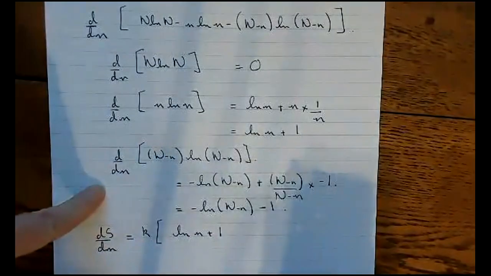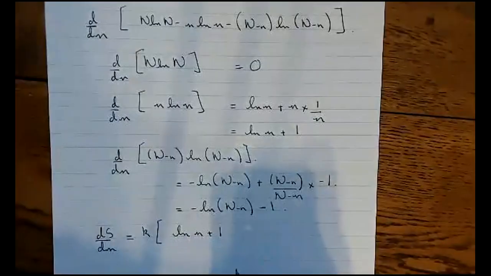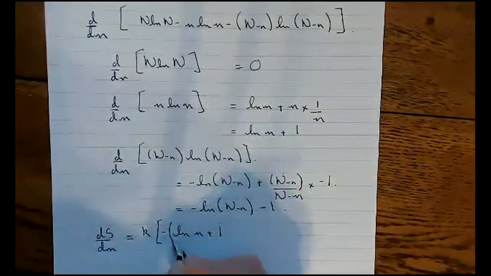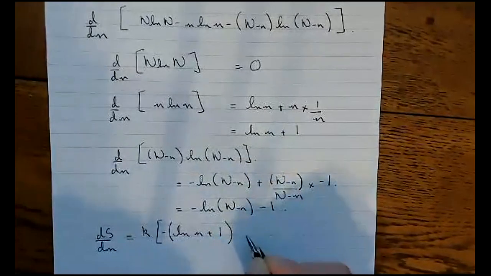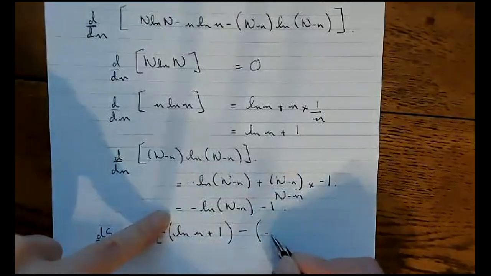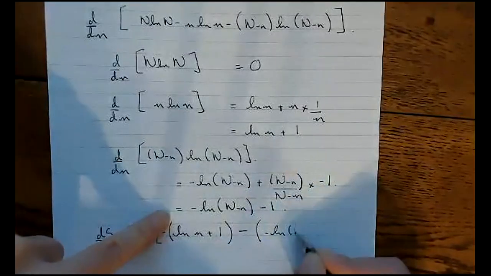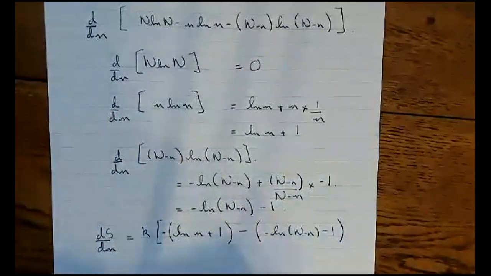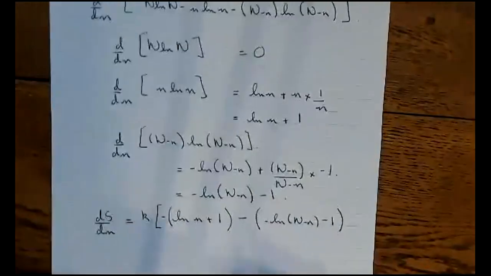Then differentiating this thing, but we've got to remember this is a minus, so let's put a minus in there. And we've got a minus here for whatever we differentiated here, which was minus ln N minus n minus 1. Okay, so let's sort out all of these minus signs.